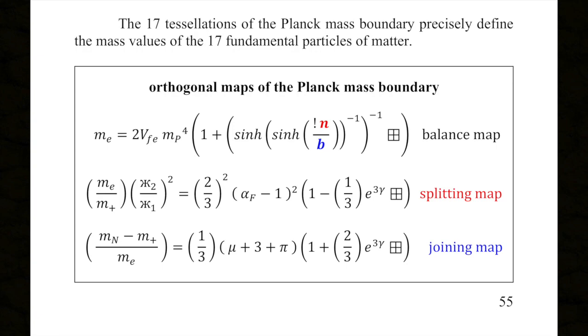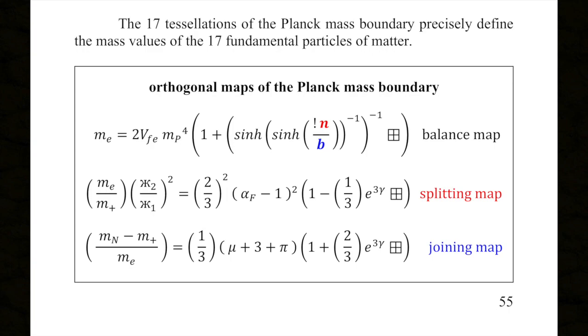So we have a balanced expression that gives us the mass of the electron of one boundary. Of the same boundary, we have an expression of how it's squarely tearing apart, a completely different expression, but of the same boundary. So it's still of mass, and that expression defines exactly the mass of the proton.